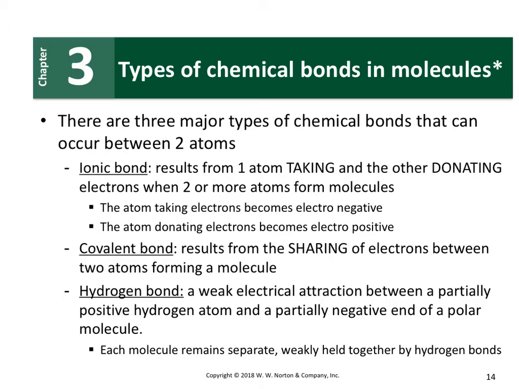And then covalent bonds is where they actually share electrons. And then finally there's hydrogen bonds, and we'll take a look at that. Hydrogen bonds are weak. They're the weakest of all the different bonds, and they actually don't form molecules together. The molecules essentially stay separated.